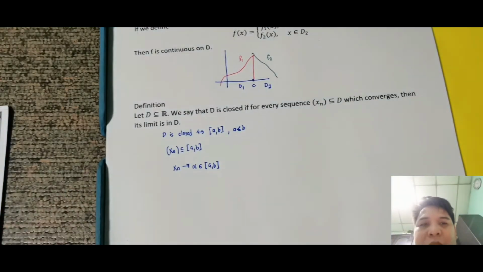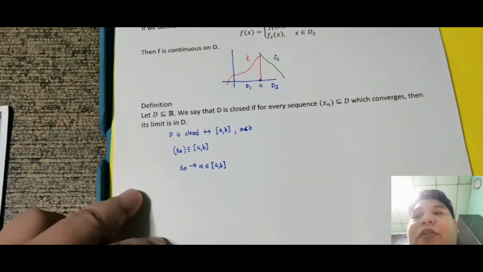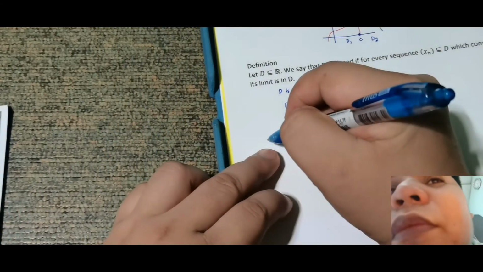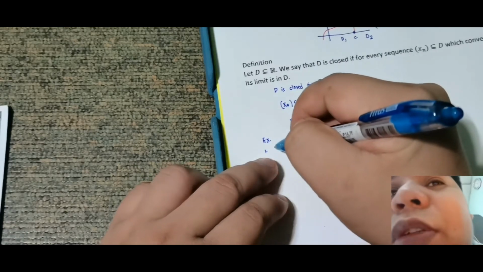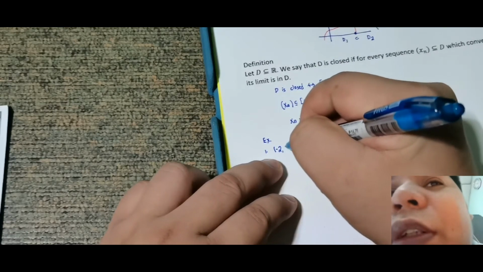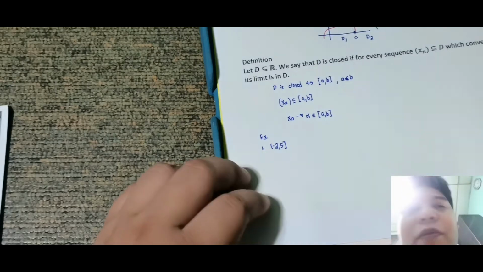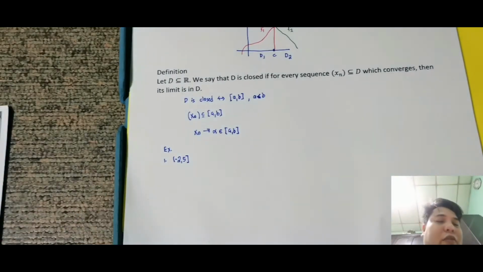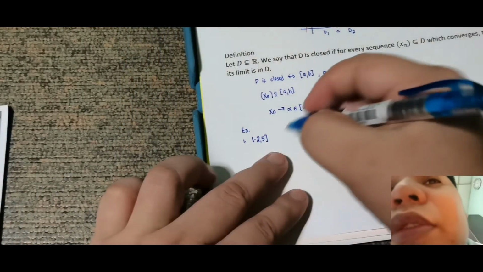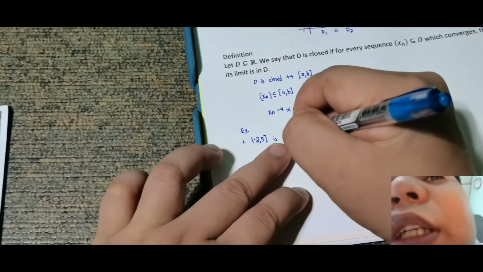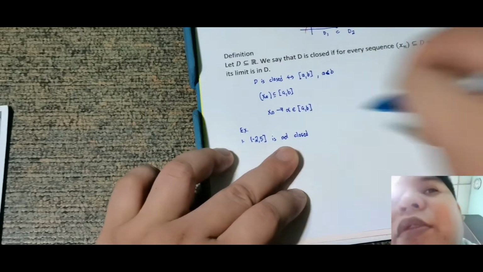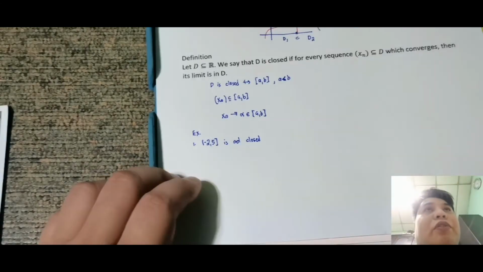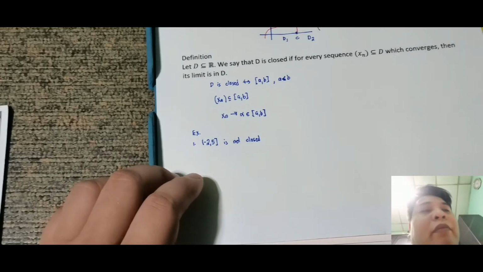Para masabi natin closed or what, sample na lang tayo. For example number 1, we have (-2, 5]. Obviously hindi siya closed kasi open sa negative 2, closed sa 5. So it is not closed. By structure alam mo na hindi siya closed, pero gawa ka ng sequence.